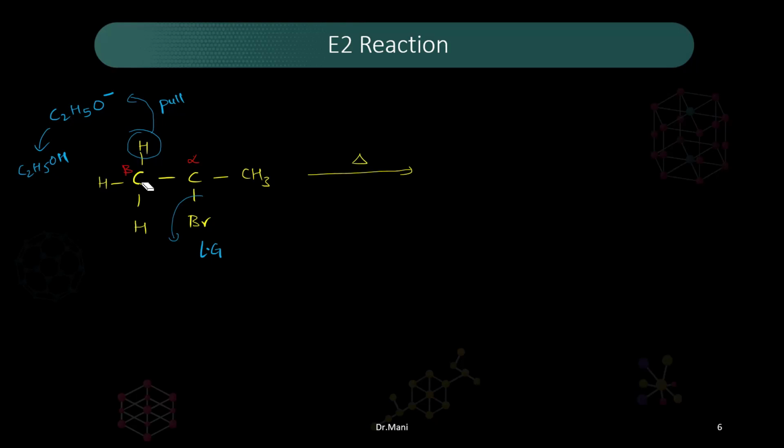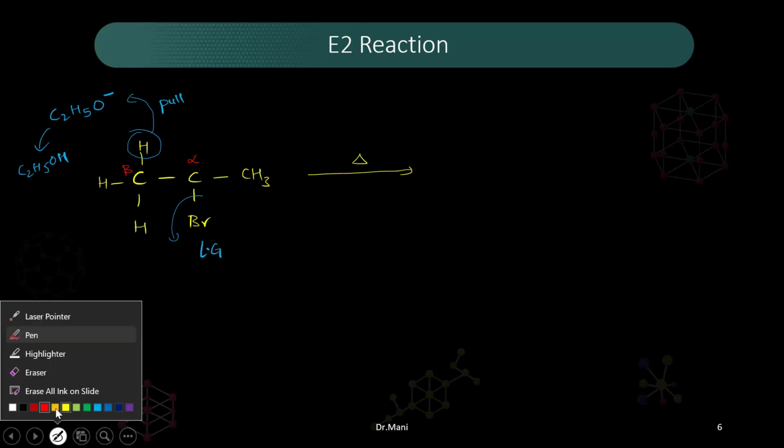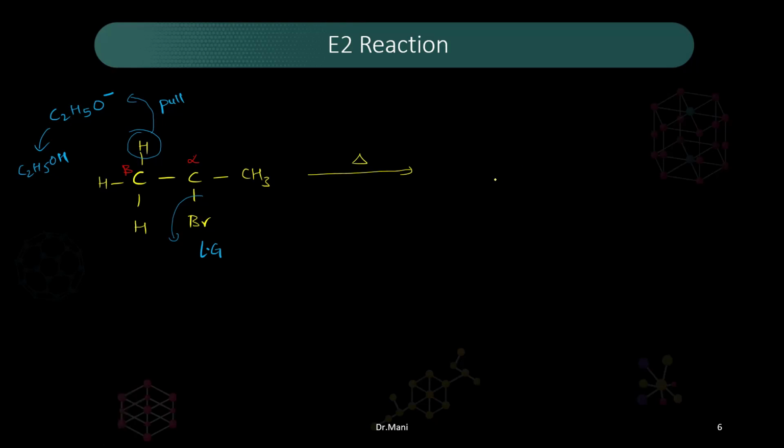Remember, I'm removing hydrogen from the beta carbon and bromine from the alpha carbon. That will result in the formation of CH2=CH-CH3 plus C2H5OH. And what else did we get? The Br is left over, which acts like a bromide ion.